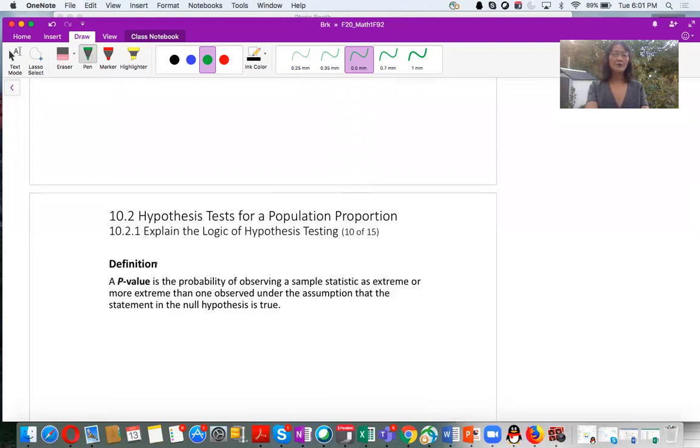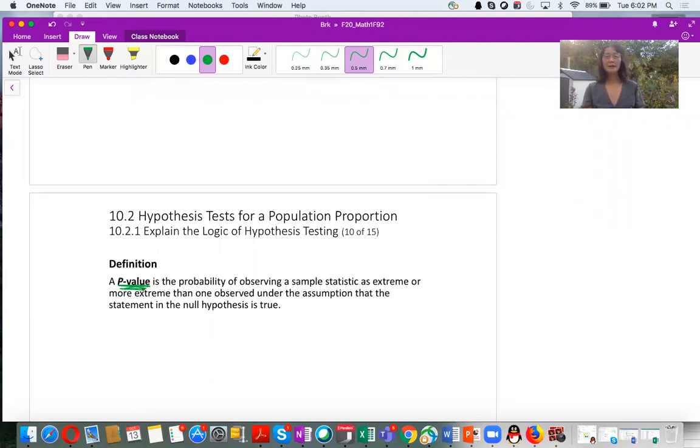Now we introduce a very important concept, p-value. P-value is the probability of observing a sample statistic as extreme or more extreme than the one observed under the assumption that the statement in the null hypothesis is true.